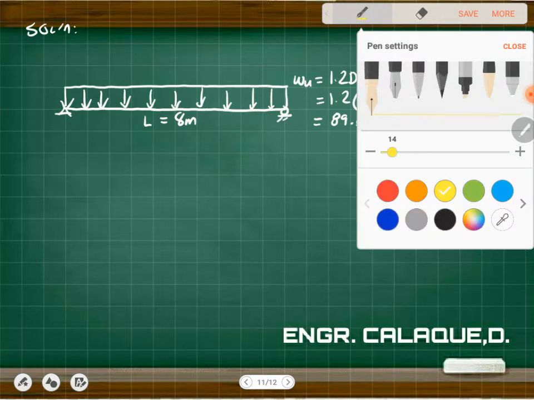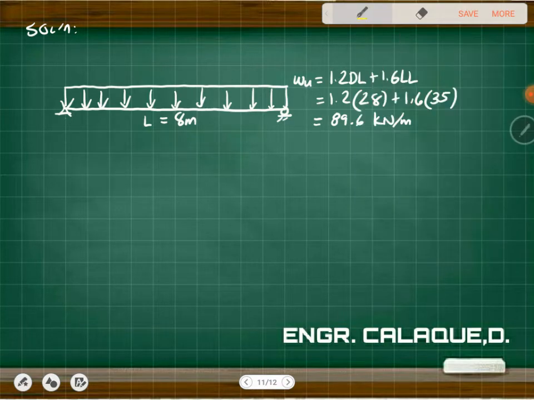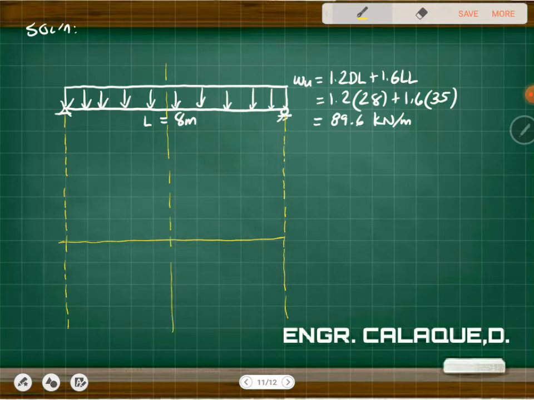So, gawa muna ako dito ng project muna yung line na to. And then, gawa ko ng shear diagram. So, since simply supported to, kunin ko muna yung reaction.